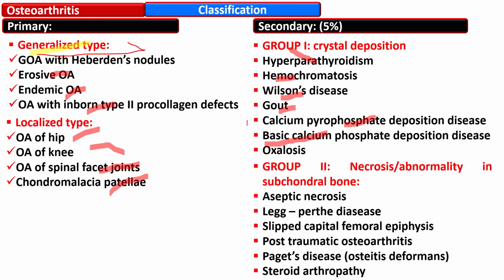Then there is group 2, subchondral, which is concerned with necrosis and abnormality of the subchondral bone, such as aseptic necrosis, Legg-Calve-Perthes disease, and slipped capital femoral epiphysis, post-traumatic osteoarthritis, Paget's disease, and steroid arthropathy.